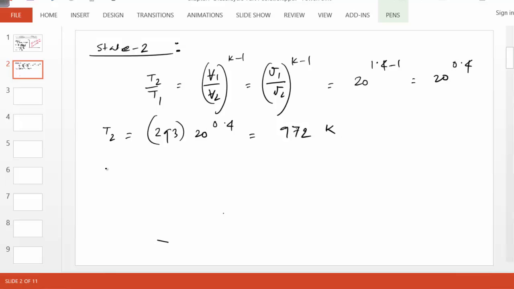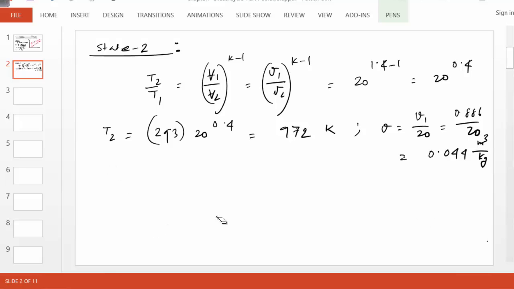Of course, the specific volume is already given to us. Specific volume is V1 over 20, a twentieth of the original volume, and V1 being 0.886, so specific volume is about 0.044. Okay, so we found the specific volume.